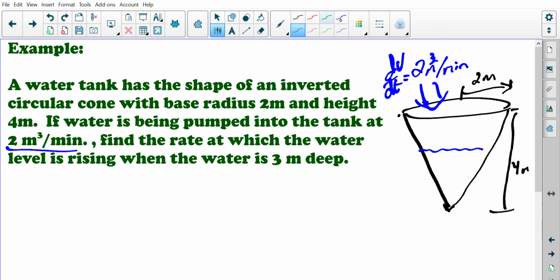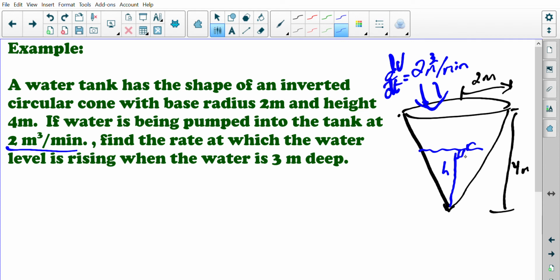Now imagine as water's being poured into this, there's things that are going to change. So the depth of the water is going to change, I'll call that H, and as the water rises and gets closer and closer to filling, imagine inside there's another cone of water. Well, the radius of that cone of water is going to change.